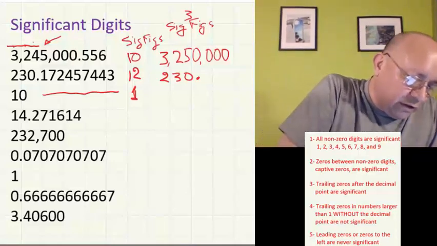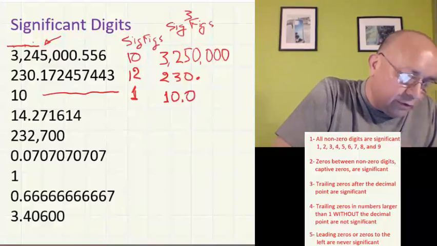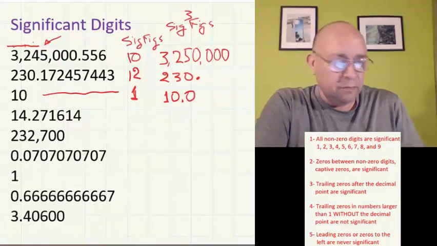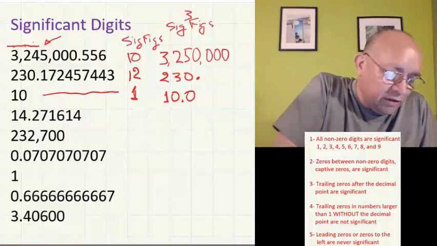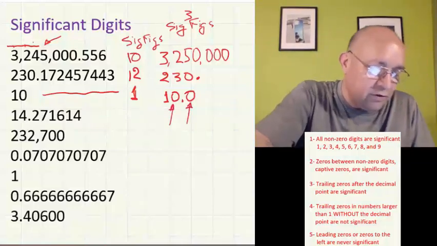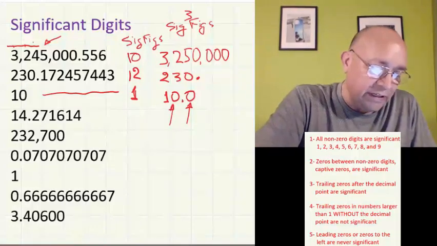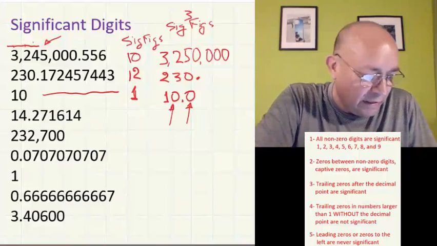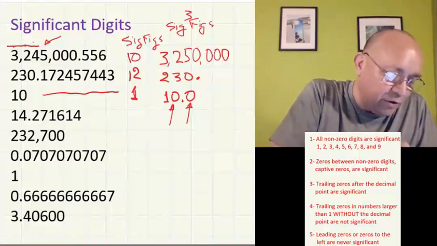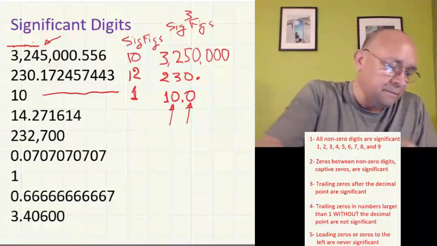Okay, then I have to write 10.0. I put the decimal point, so this 0 becomes significant, and all trailing zeros after the decimal point are significant. So now this 10.0 will be 10 with 3 significant digits.